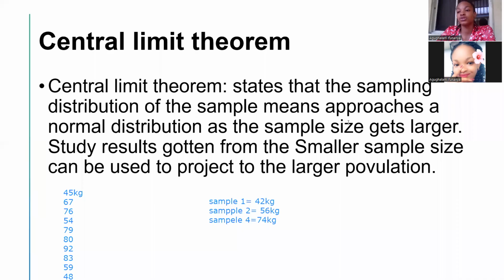So I would like to mention that a large standard deviation, like I said, the standard deviation shows the variability, it shows the spread of these values. So a large standard deviation would mean that the values are closer to the mean. What do I mean?